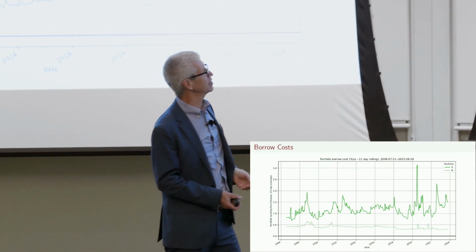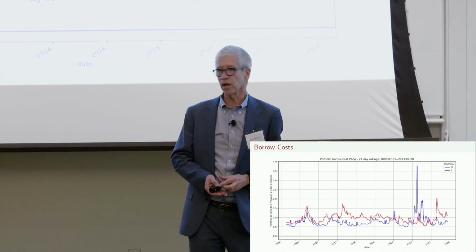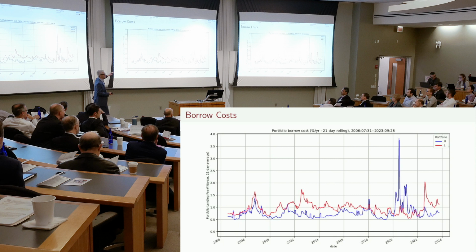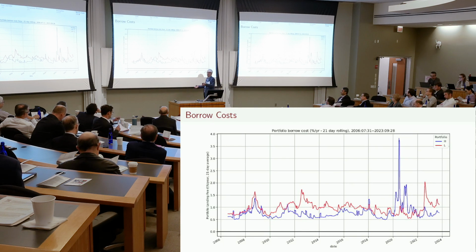And finally, this is kind of an interesting thing. I'm not sure what to make of this. Again, I'm counting on John to explain this. But if you look at the value portfolio and the growth portfolio as defined by Fama and French, what you see is that most of the time the borrow cost associated with the growth portfolio is higher, which at some level is what you'd expect, as you think these are firms that have, at least on average, had a lower realized return.